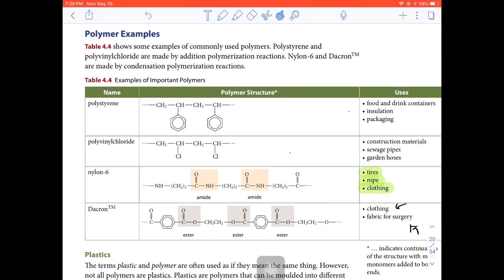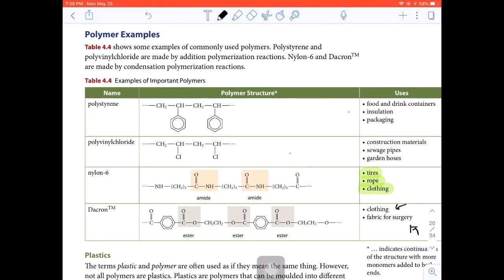For polystyrene, this is an addition reaction, and what I've basically got here is CH2, double bond, and then CH and then that hexagonal shape thing, which turns out to be a 6-carbon ring structure.